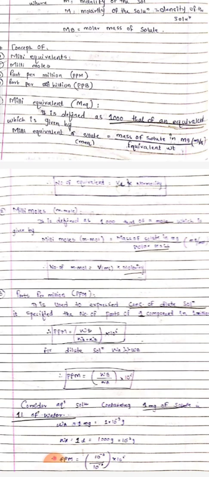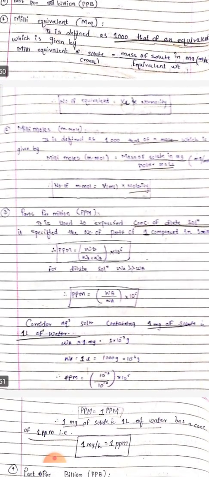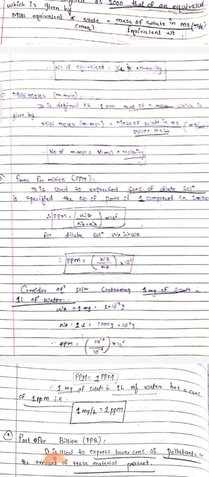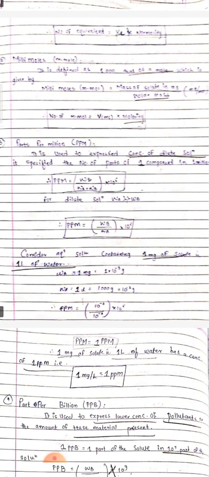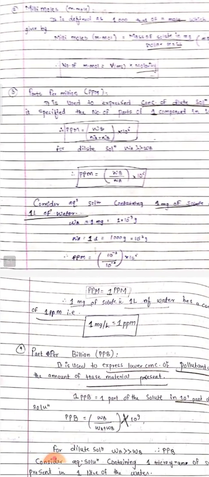For dilute solution Wa is greater than Wb, therefore ppm is equal to Wb upon Wa into 10 raised to 6. 1 milligram of solute in 1 liter of the water has a concentration of 1 ppm. 1 milligram per liter becomes equal to 1 ppm. You have to remember this. There will be MCQ based on this particular part.